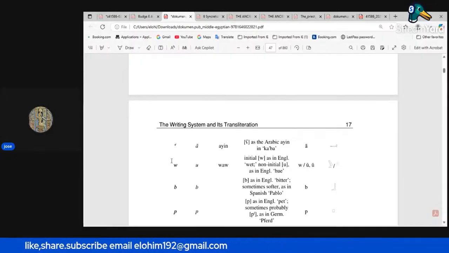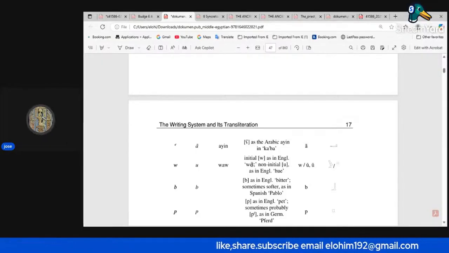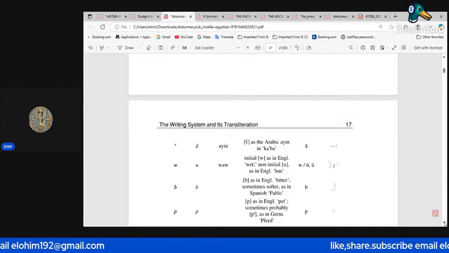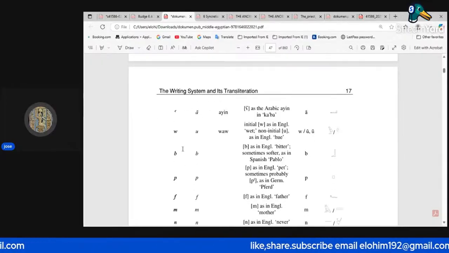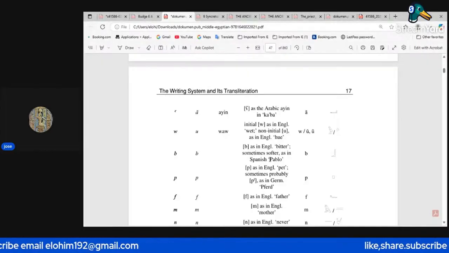You got W, U, initial W as an English wet, non-initial U as an English hue. So we got wa and hue. Then we got B as in English bitter, sometimes softer as in Spanish Pablo, Pueblo.